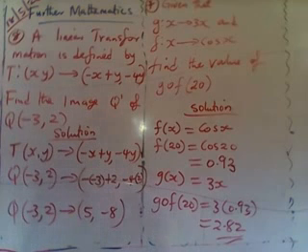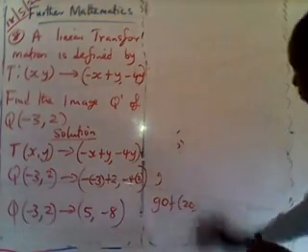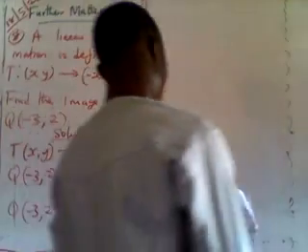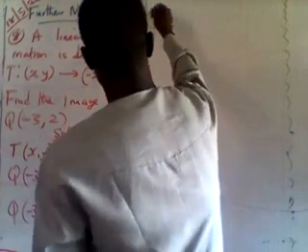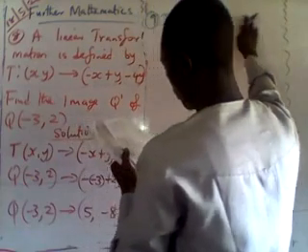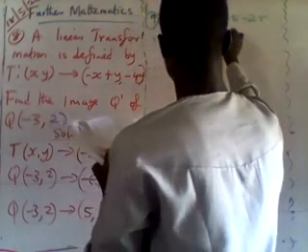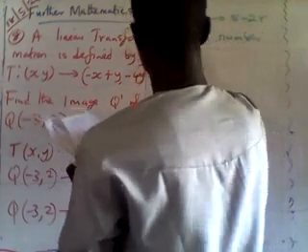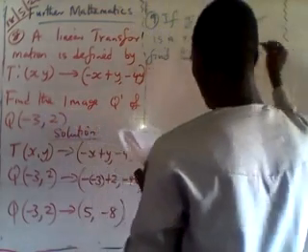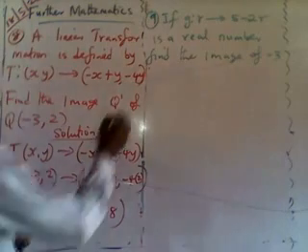Question 9. We are told that if g is a map from R to R such that g(r) = 5 − 2r, where r is a real number, then find the image of −3.